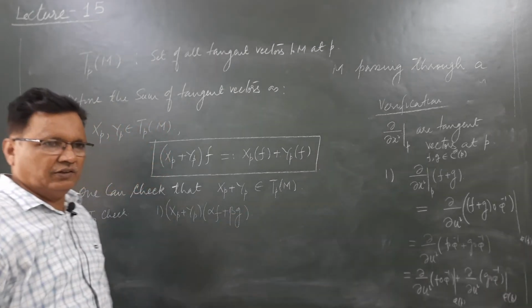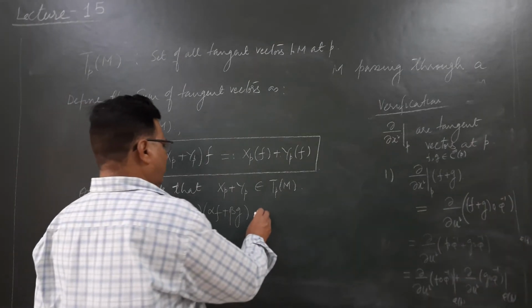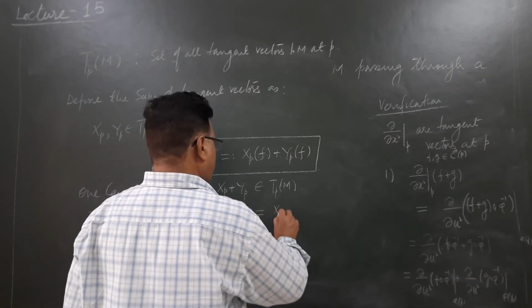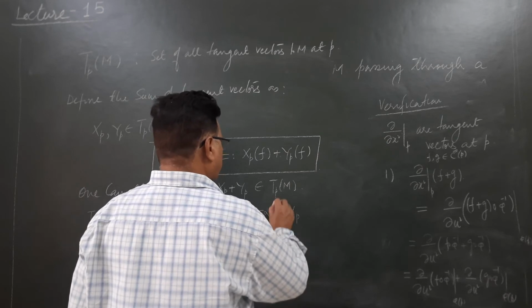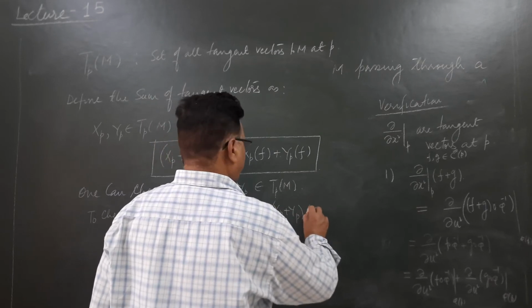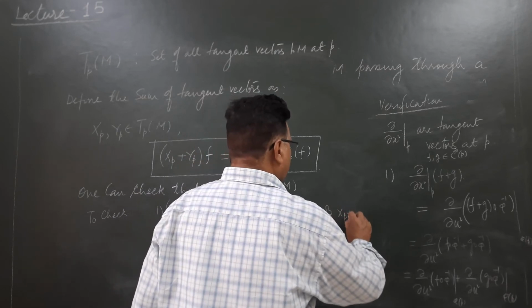F, G are real valued functions defined in the neighborhood of P. So I must prove that it is alpha times XP plus YP F plus beta times XP plus YP G.